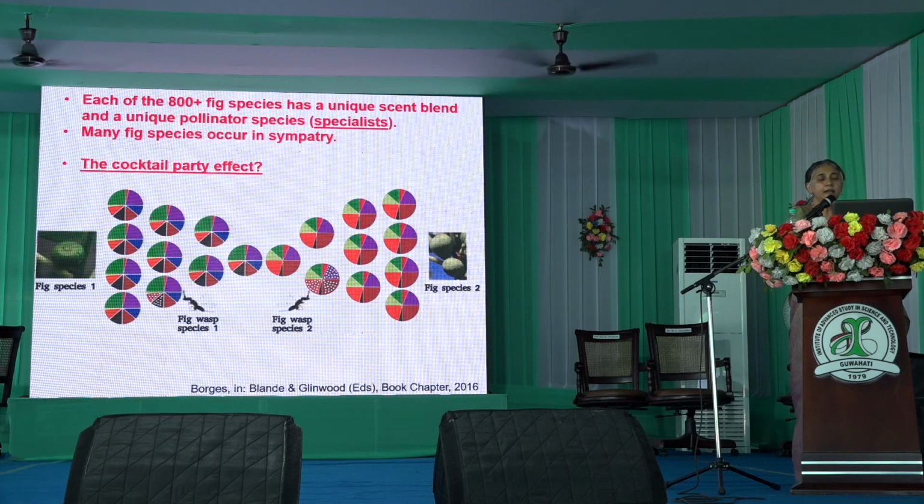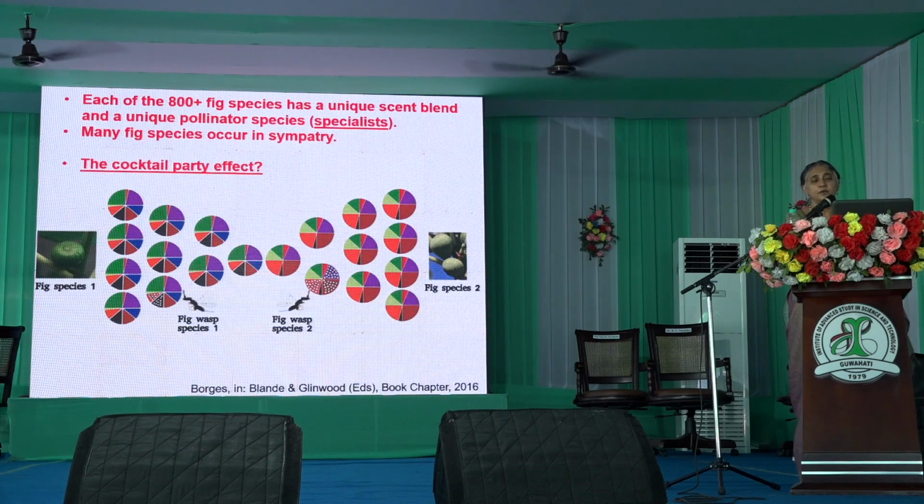Now, I've told you that there are many hundreds of species of figs. India has about 80 species of figs. Many of them occur in the same place. And if the wasps are attracted to the figs because of this chemical volatile odor, I told you that wasps cannot afford to make a mistake. They can't come to the wrong fig, especially if they are pollinators.